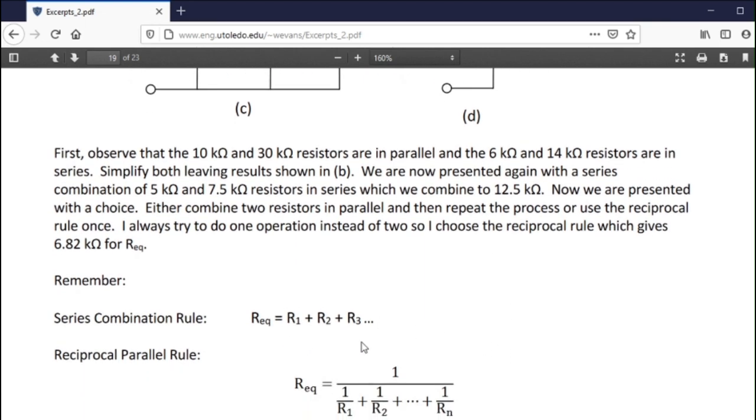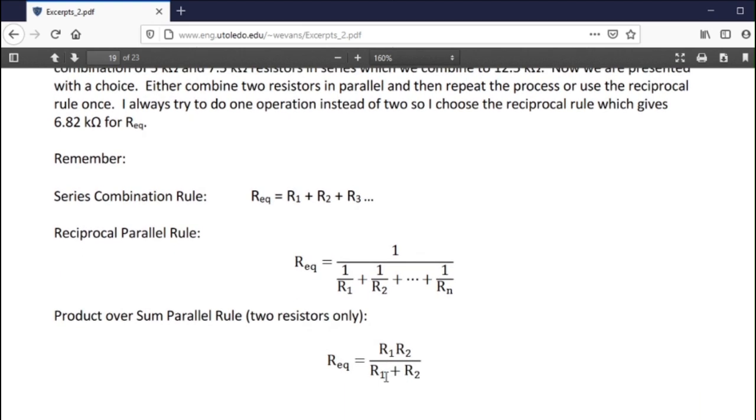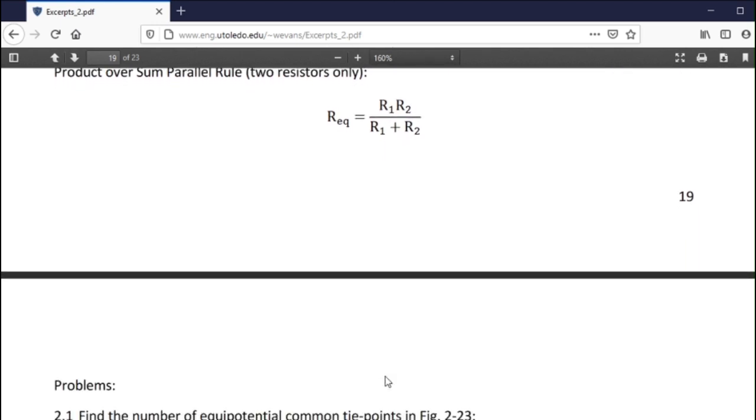Remember, series rule and parallel reciprocal rule are the product over sum. So we're going to stop now, and we will pick up next lecture with the problems from this chapter.